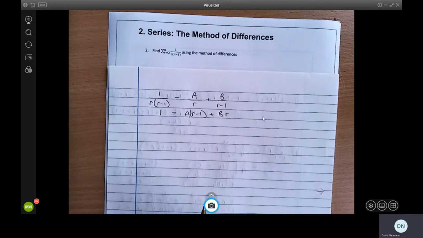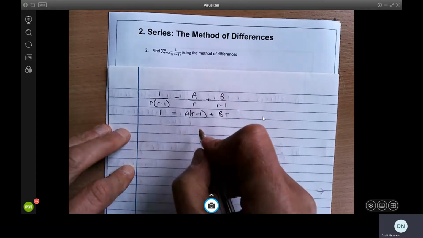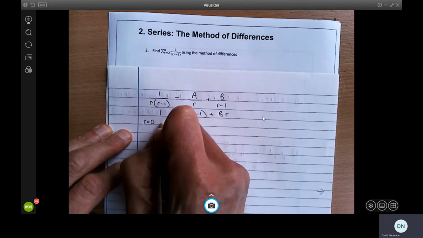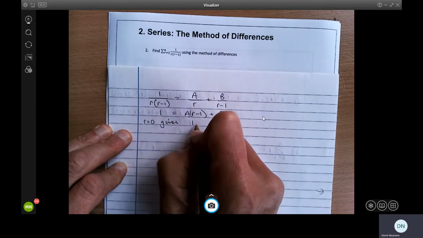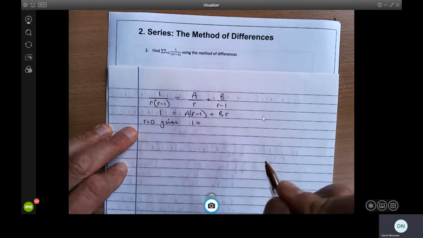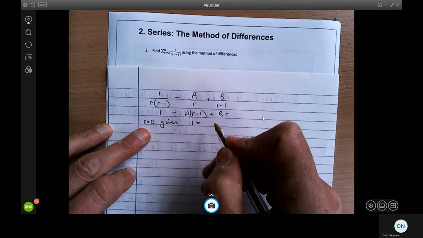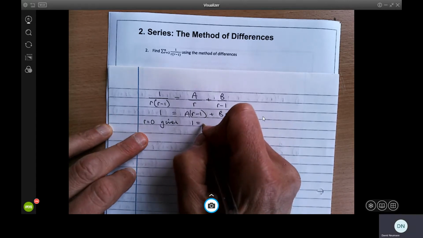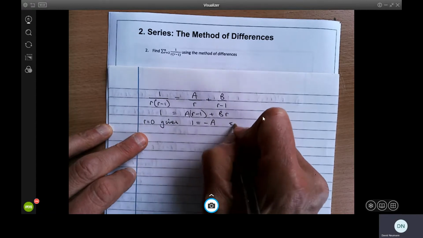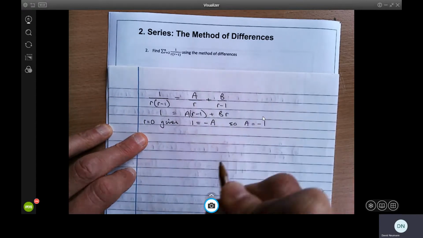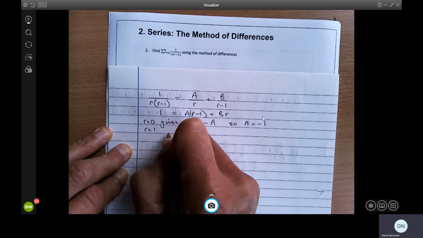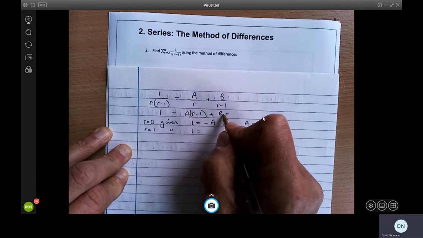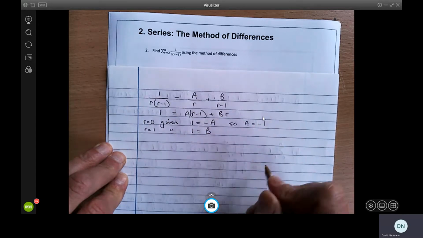We're going to substitute in r equals 0. So r equals 0 gives 1 equals minus a, so a equals minus 1, and r equals 1 gives 1 equals, this will be 0 now, plus b, so b is equal to 1.